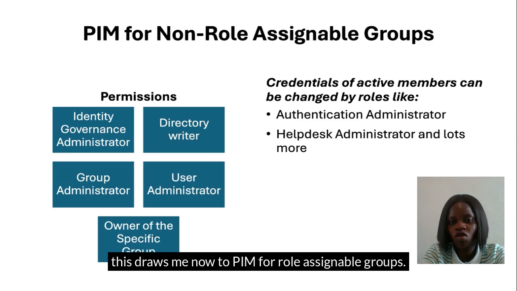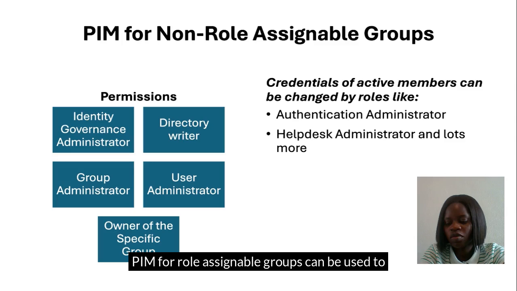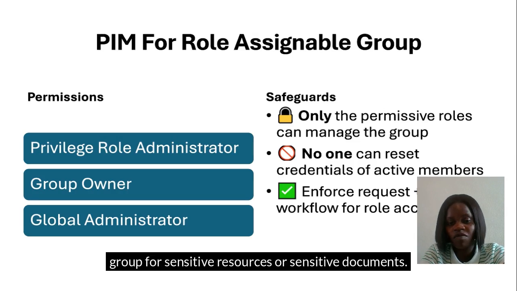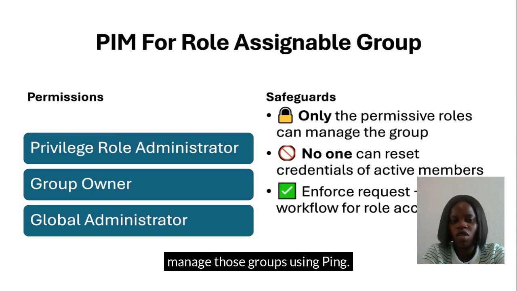This brings me now to PIM for role assignable groups. PIM for role assignable groups can be used to manage groups for sensitive resources or sensitive documents. So it's best to create a role assignable group and manage those groups using PIM.